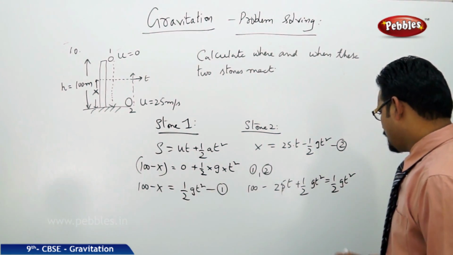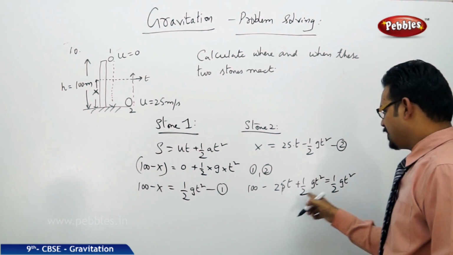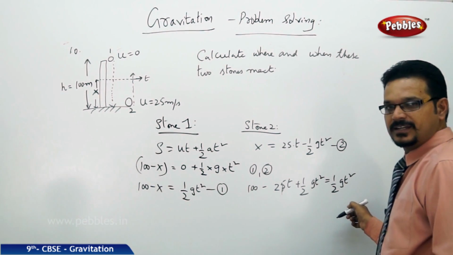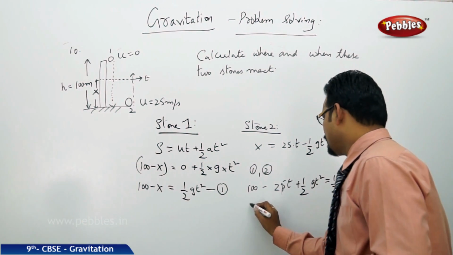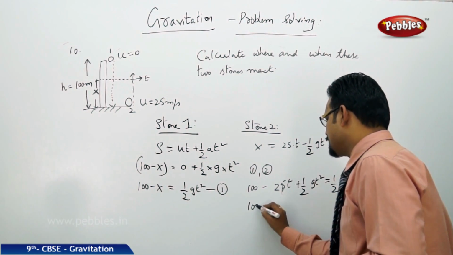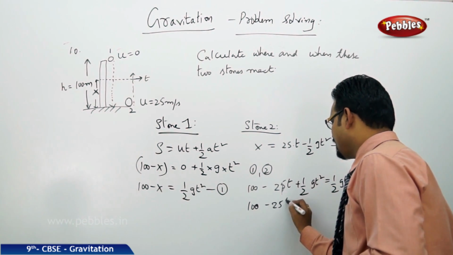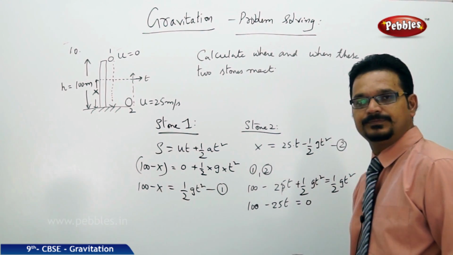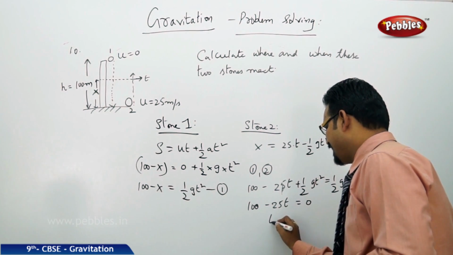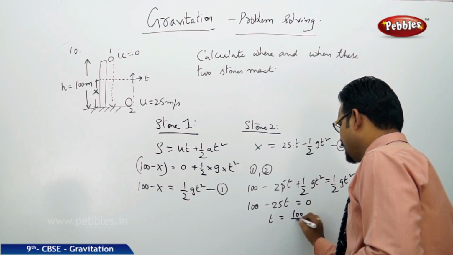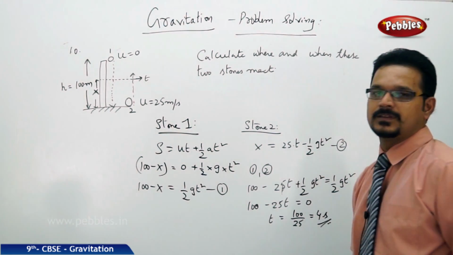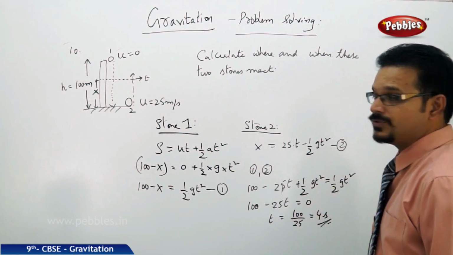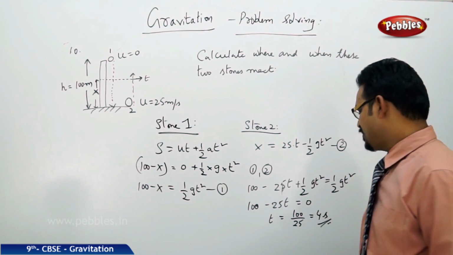Now, half gt square and half gt square: if half gt square goes to the right hand side, half gt square minus half gt square becomes 0. So you have 100 minus 25t equals 0. So t equals 100 by 25, which is 4 seconds. So both stones meet at a time of 4 seconds.